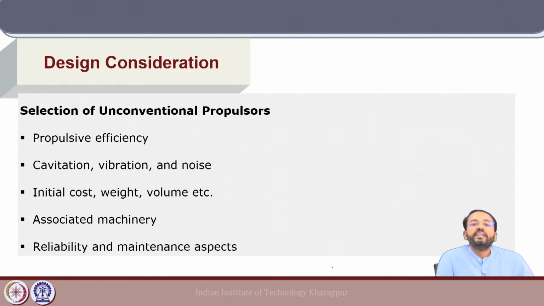Finally, the reliability and maintenance aspects when using an unconventional propulsor need to be considered for practical applications. So, when we choose a particular propulsor type for a specific vessel, all these factors will play important roles in governing the choice and the design of the propulsor.